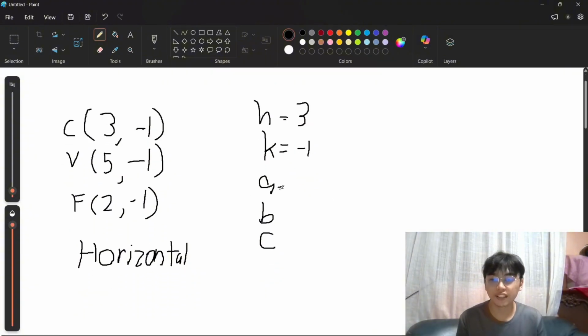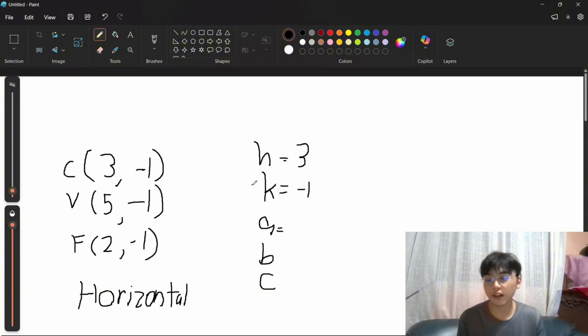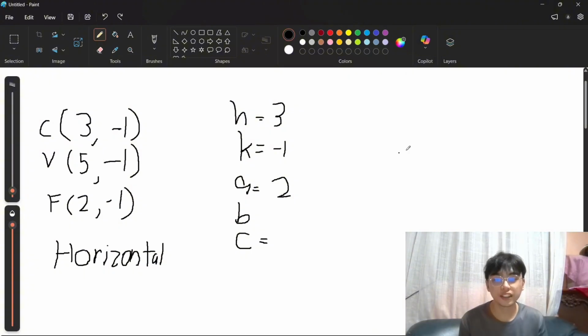So for a, we can count from the center going to the vertex along the x coordinate. We can have 3 and count up to 5. So 3, 4, and 5, that should be 2. Now let's solve for c, which we can do with the foci.